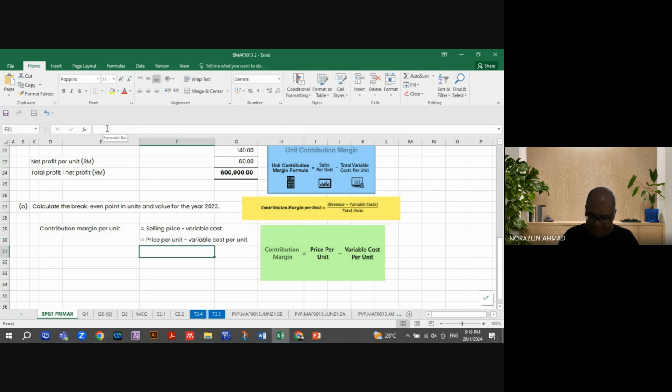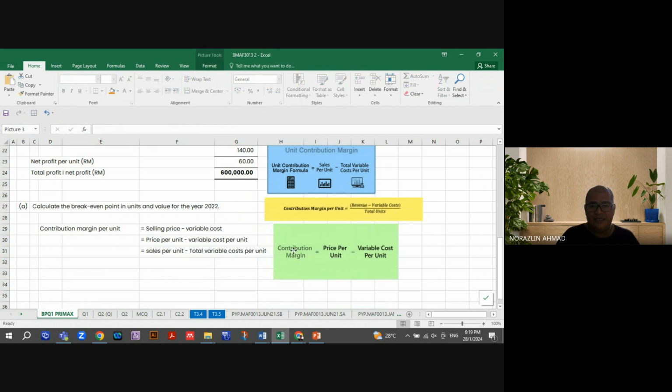It's actually the same. Or sales per unit minus total variable cost per unit. It's all the same, so don't be confused. Why so many formulas? Different lecturer, different author, different book give different formulas, but actually they are the same.